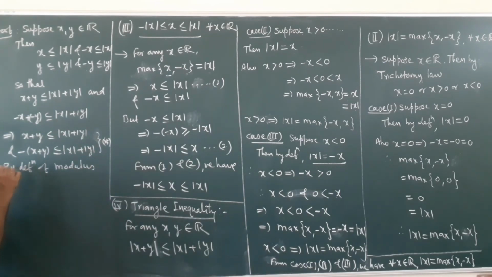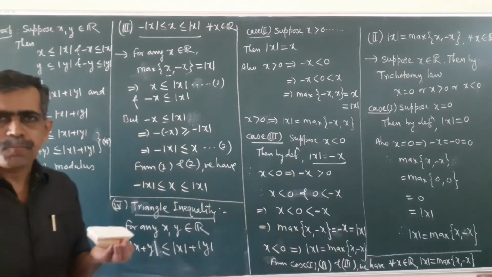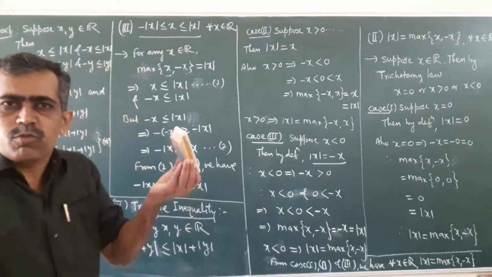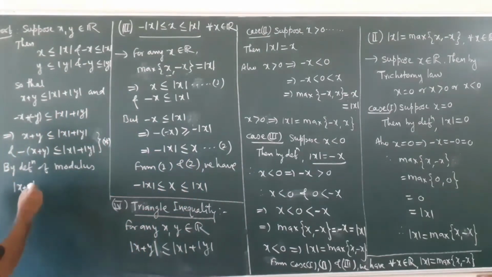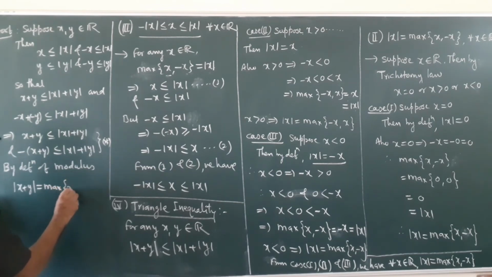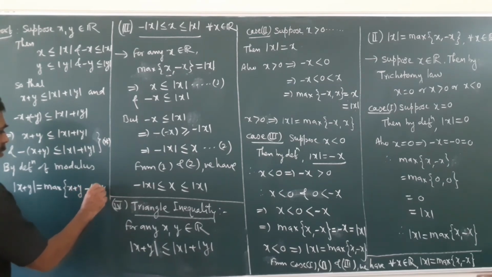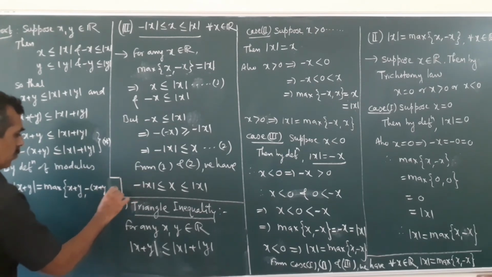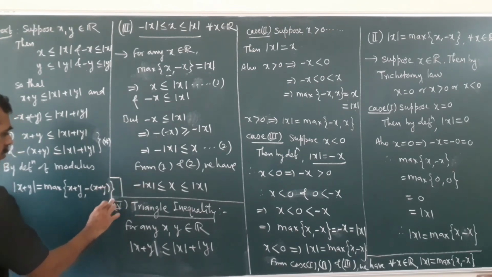By definition of modulus, if x is a real number and y is a real number, then x plus y is also a real number. So what is the modulus of x plus y by definition? It is the maximum of x plus y, comma, minus of x plus y.